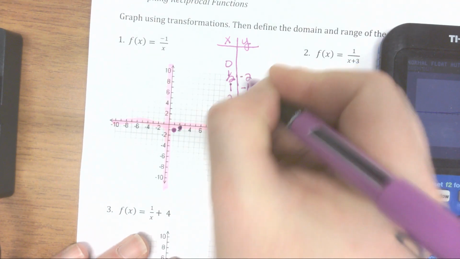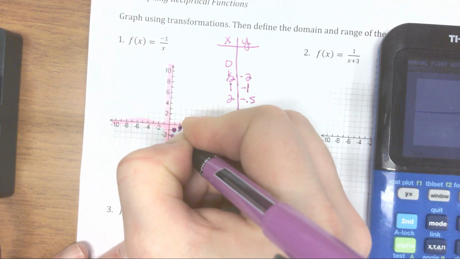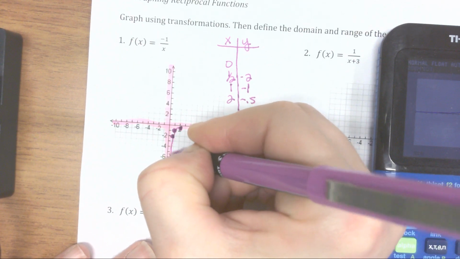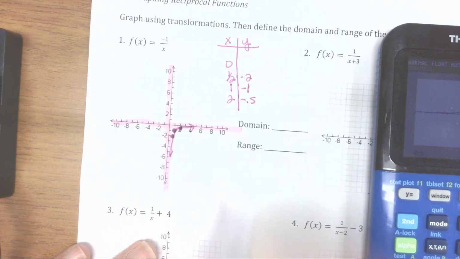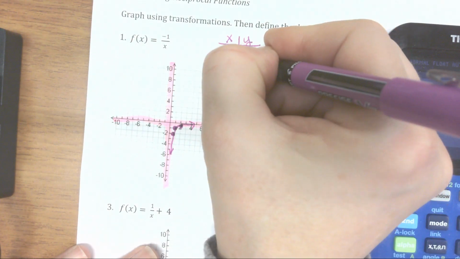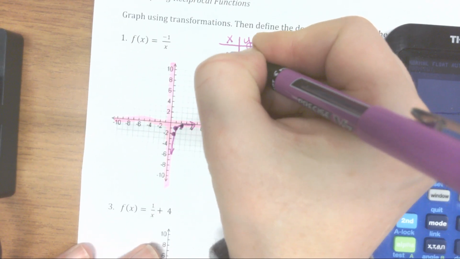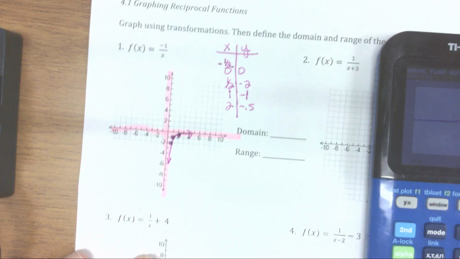I'm going to put that point on so you can kind of see a little bit better of the curve. Okay, so this goes over here. Still undefined there. Let's go the other way. What happens when you flip negative 1/2?